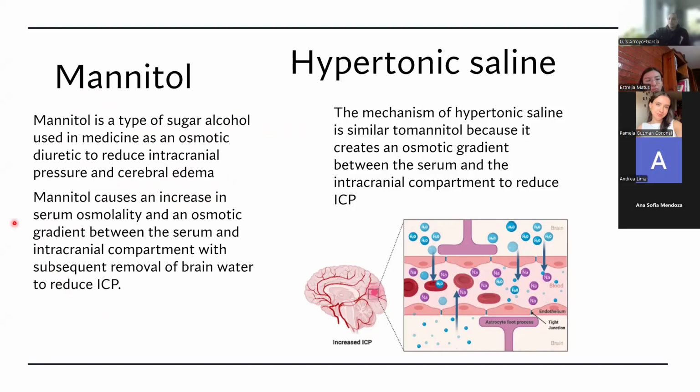Mannitol causes an increase in serum osmolality and an osmotic gradient between the serum and the intracranial component, with subsequent removal of water to reduce the intracranial pressure. Hypertonic saline has a mechanism similar to mannitol, creating this osmotic gradient between the serum and the intracranial compartment.